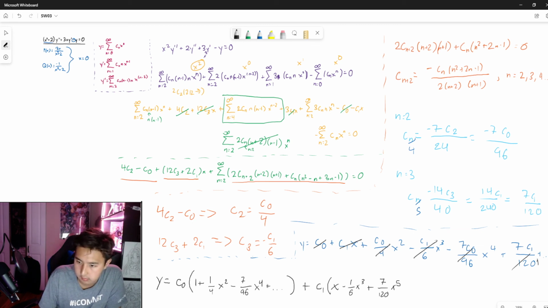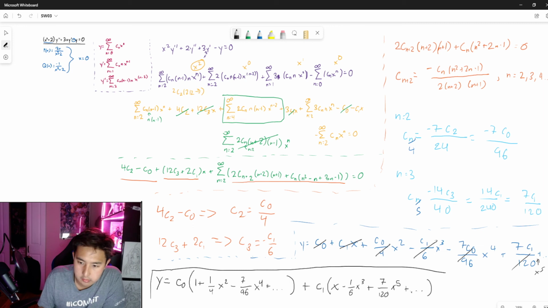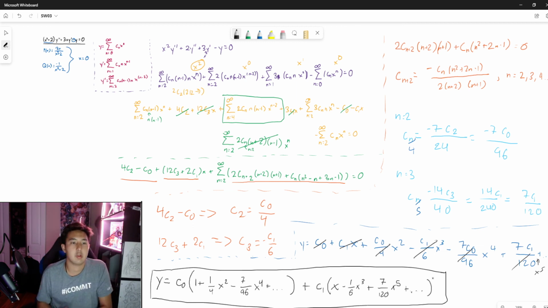Forgot to put the x to the fifth here, actually. And once again, an infinite progression of sums. Then, in terms of finding first few values, this will be our final answer to the power series of the equation x squared plus 2y double prime plus 3xy prime minus y equals 0.